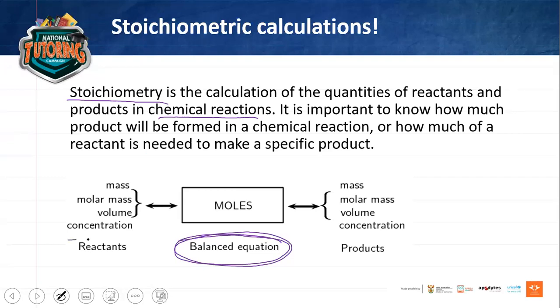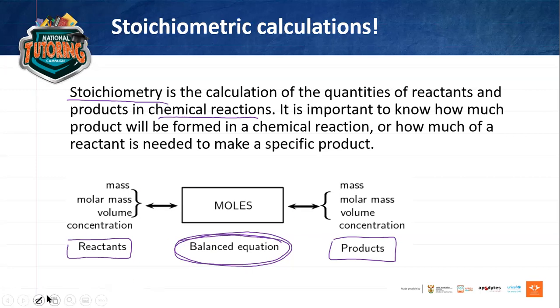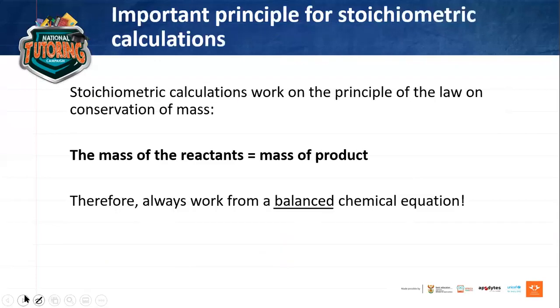And remember, the balanced chemical equation means that the amount of reactants is equal to the amount of products. Whatever I start with is what I have to end with. I'm going to talk more about it as we do examples. But your first step is to write a balanced chemical equation. So you need to know how to write formulas. You need to know how to balance chemical equations. And we're going to get some more practice as we're going along.